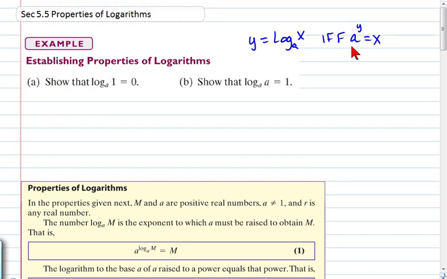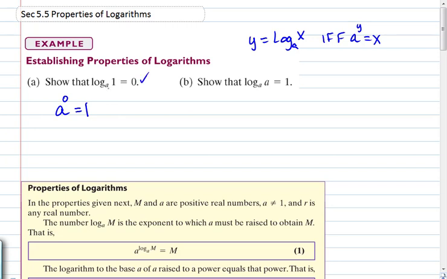What would the base of that exponent be? A. What would the exponent be? 0. So anything raised to a power of 0 except for 0 is going to be 1, but 0 can't be the base of a log anyway. It's not in the domain for the definition.